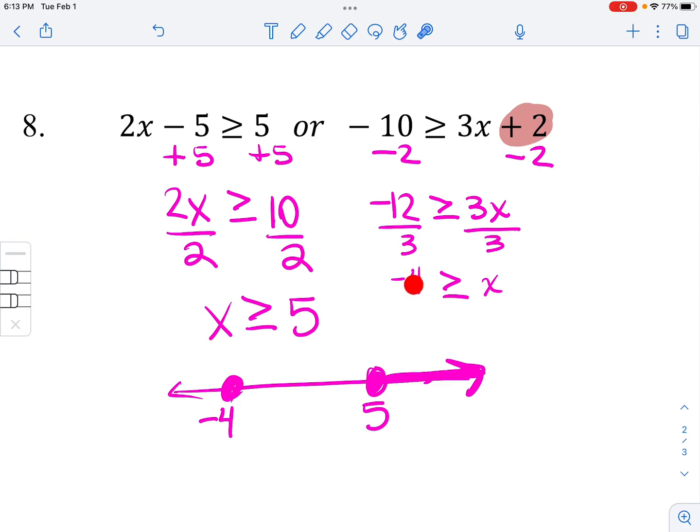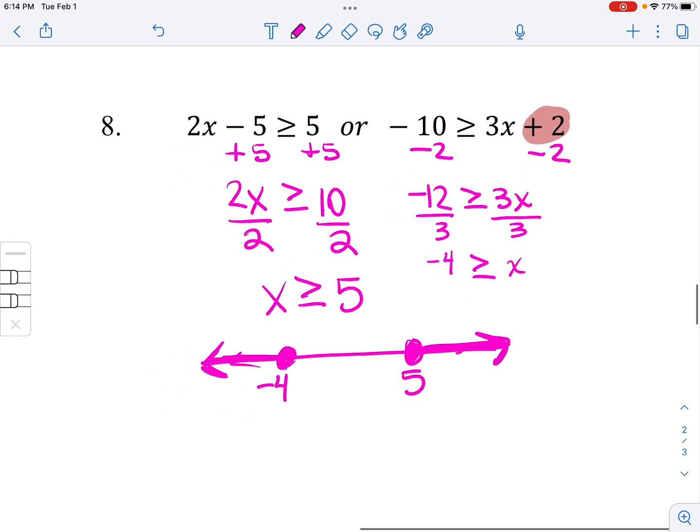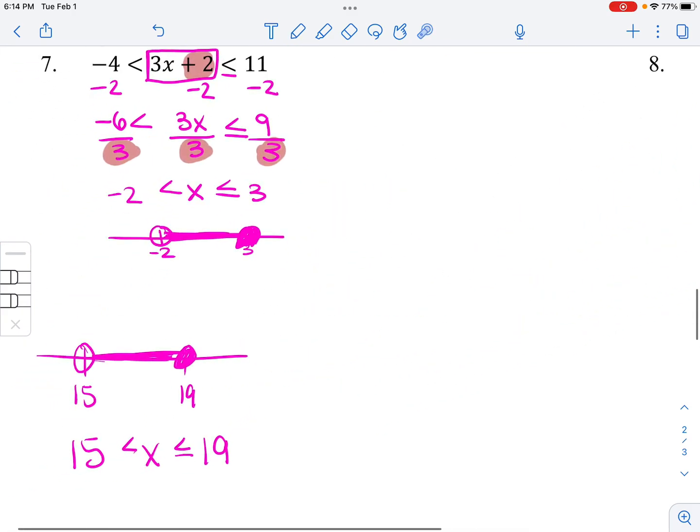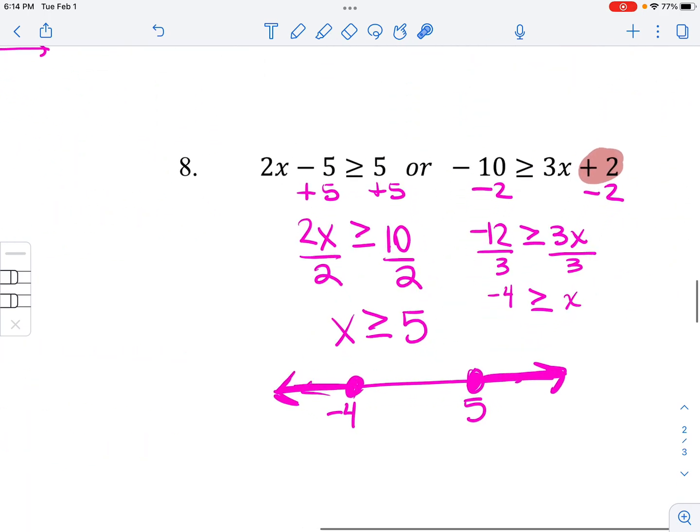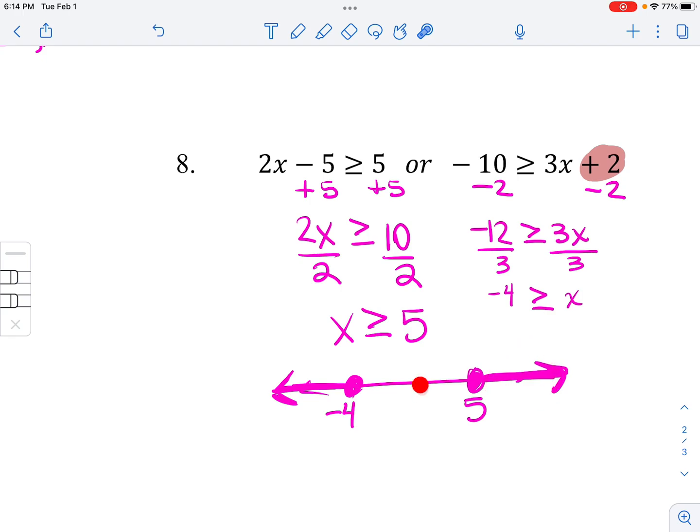If the negative 4 is bigger than your number, then your number must be smaller. And smaller numbers go to the left. And if that confuses you, you can very clearly see that when you've got x in the middle, you're shading in the middle. When you've got the word or, the sections that you're shading don't live in the middle here. They live on the outsides. Okay? Hopefully that clears things up.